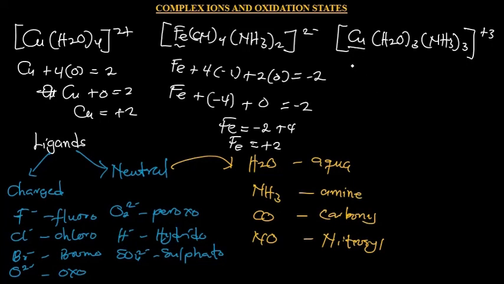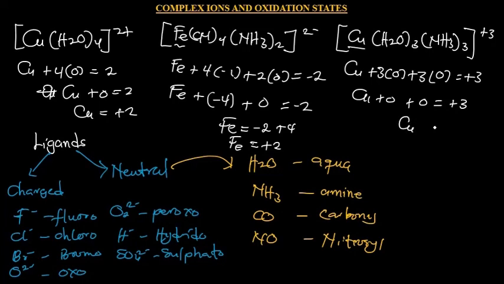To work this out, we have copper plus the charge of water. Water is neutral, so it's 0. Ammonia likewise is neutral, so 0, equal to plus 3. So copper plus 3 times 0 equals plus 3. So we say that copper has an oxidation state of plus 3.